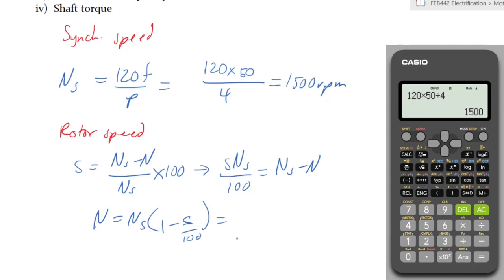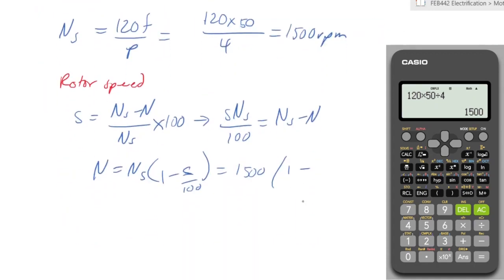Therefore, N is equal to NS, which was 1500, into 1 minus slip, which was 5%, so that is 0.05. So it's 1500 times 1 minus 0.05. So this speed of the rotor is 1425 RPM.